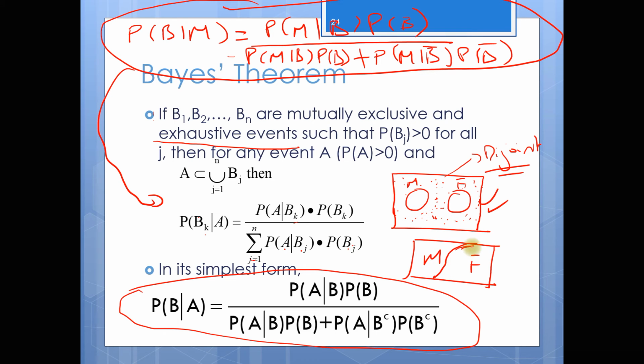So if they are exhaustive, then you cannot draw it this way. The only way to draw it to ensure that it is exhaustive is by drawing it in the form of a partition. You have a partition of a Venn diagram here. So this is why you have to be careful: when you draw this, it should be like this. So why did I show you that? This is disjoint.